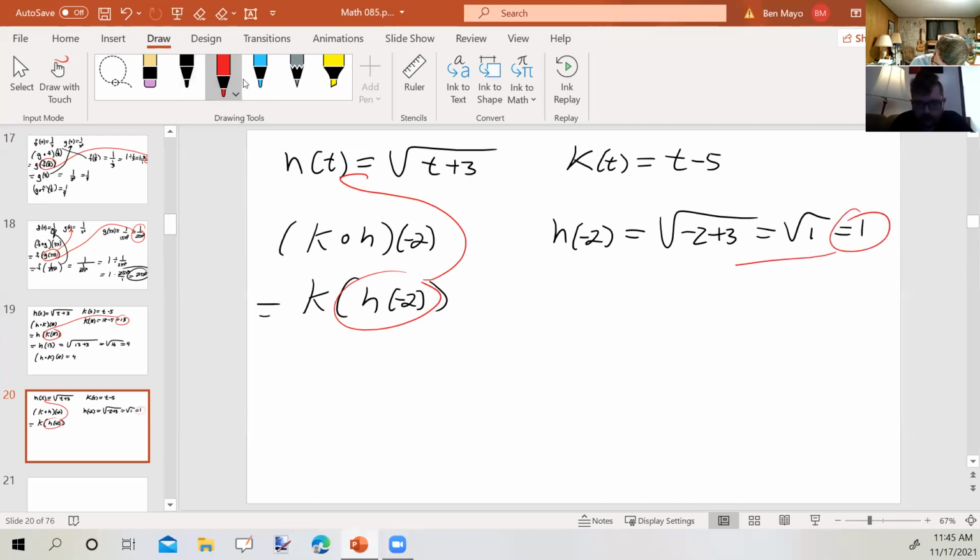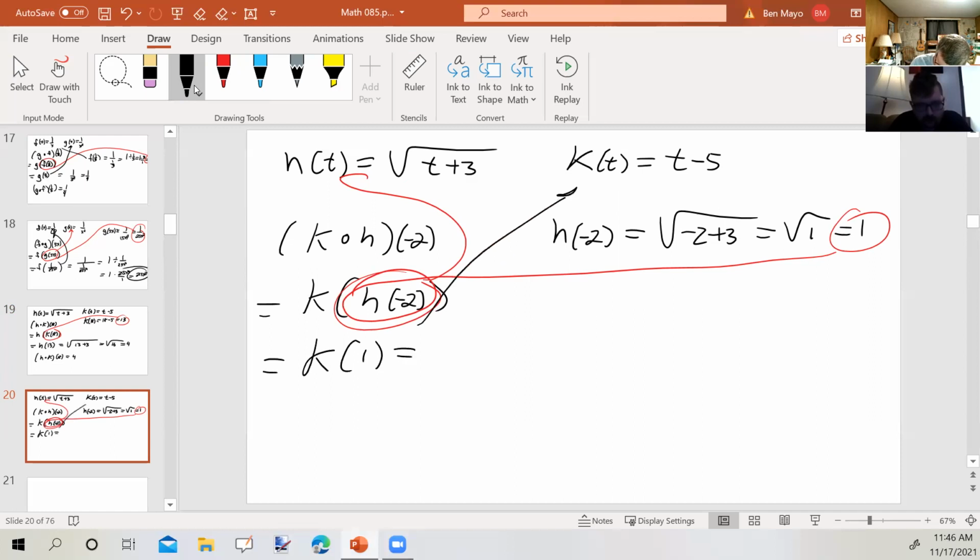So 1 goes in the place of h of -2. So now we have k of 1. We're going to look up there, which is 1 minus 5 or -4. So k composed with h of -2 equals -4. Any questions there? All right.